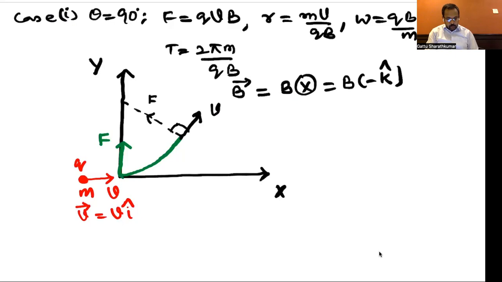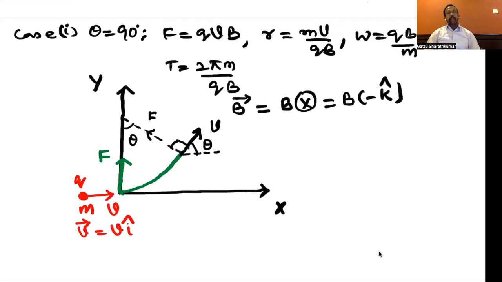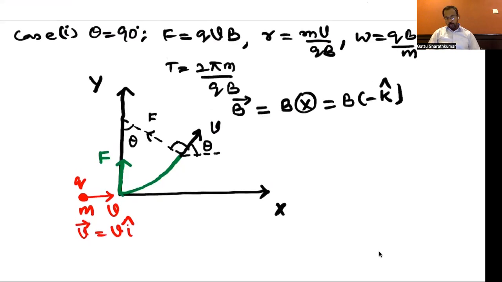Earlier it was traveling along the x-axis. Now it is traveling at some angle to the x-axis. Let me denote that angle to the x-axis as theta. If this angle is theta, then clearly this angle is also theta. So the particle will be moving in the xy plane on a circle of radius mv by qB, and of angular velocity qB by m.